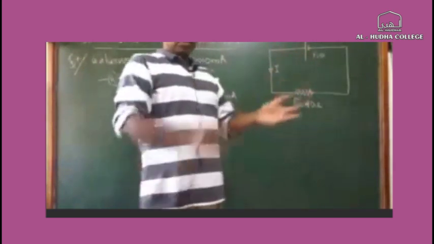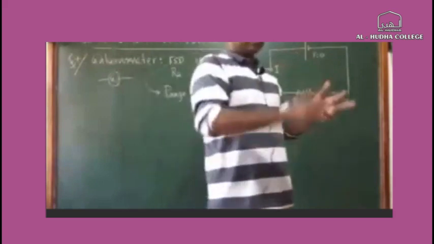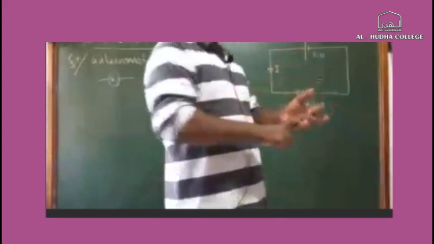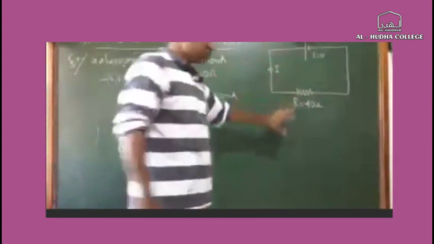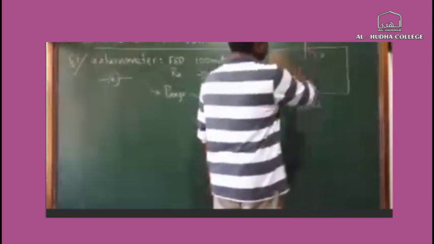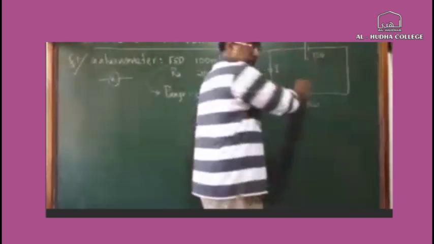In a circuit, you have to use Kirchhoff's laws. If it is a junction, Kirchhoff's current law. If it is a loop, you have to use Kirchhoff's voltage law, right? But in this circuit, there is only one resistor, there is no other device connected here, only one resistor and the voltage source.